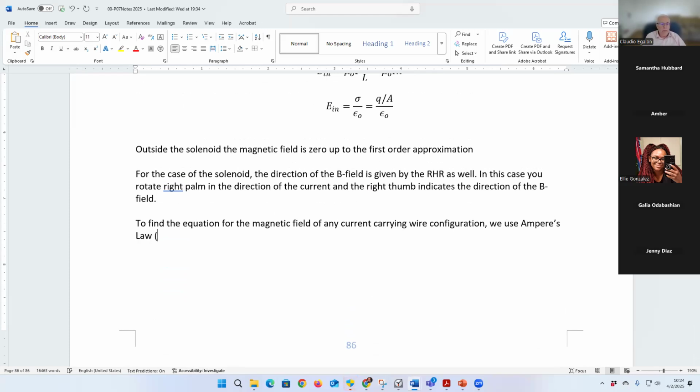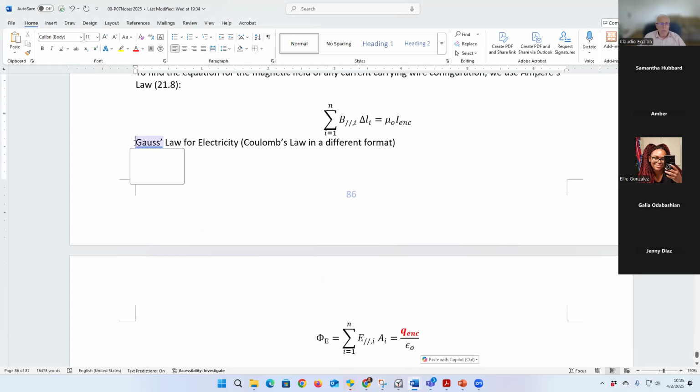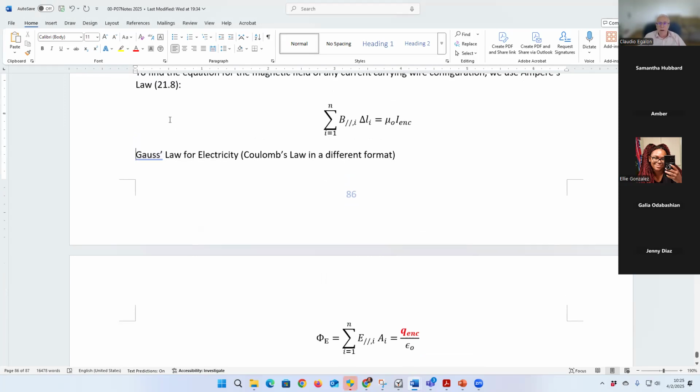That's chapter 21.8, and that's the basic equation that we have to use. I'm going to explain how it parallels Gauss's law for electricity, okay? So what do you have right in here?